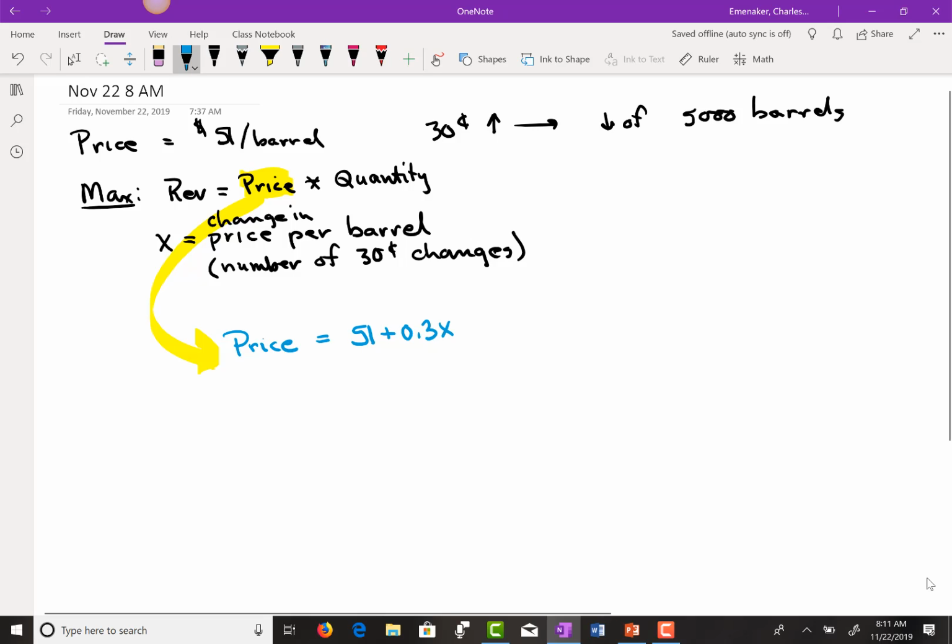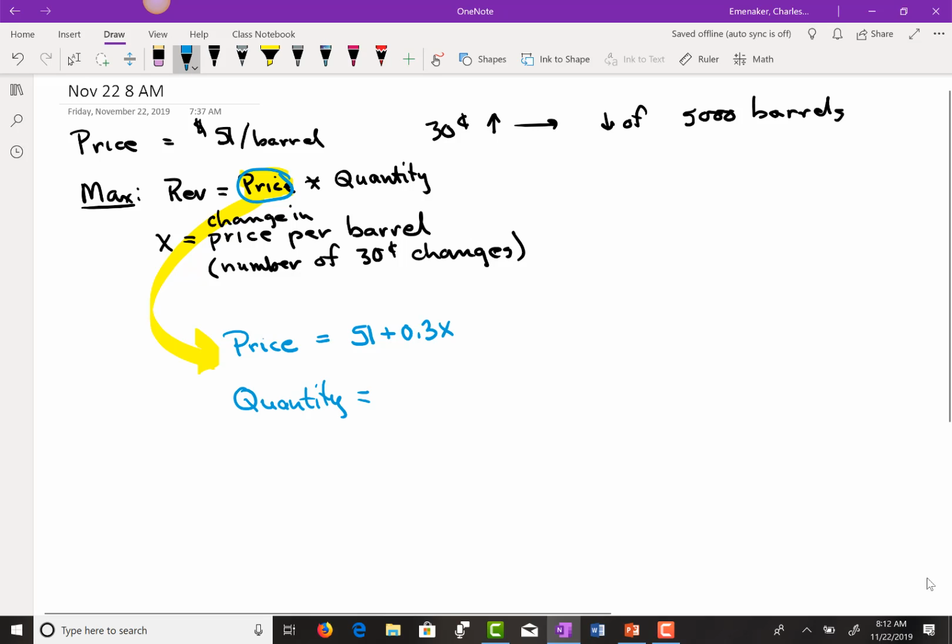What are we going to do next? Well, we have the price taken care of, don't we? That's right there. What's left in our revenue equation? The quantity. So what we need to do is figure out what the quantity is. At $51 a barrel, how much are they selling a day? 1 million. And if we raise the price, is the number of barrels sold going to increase or decrease?